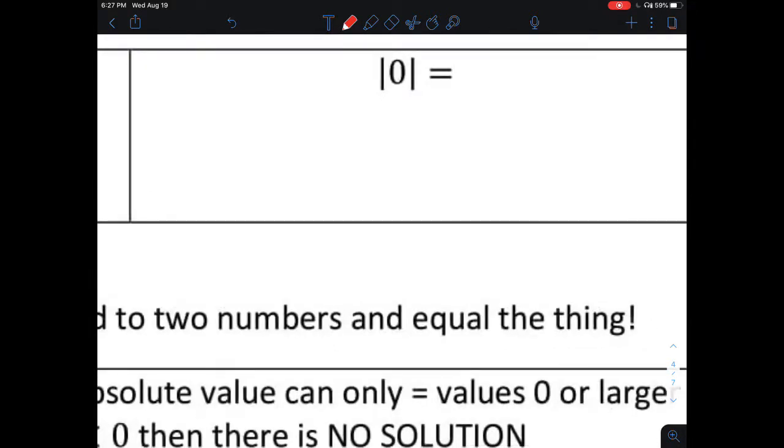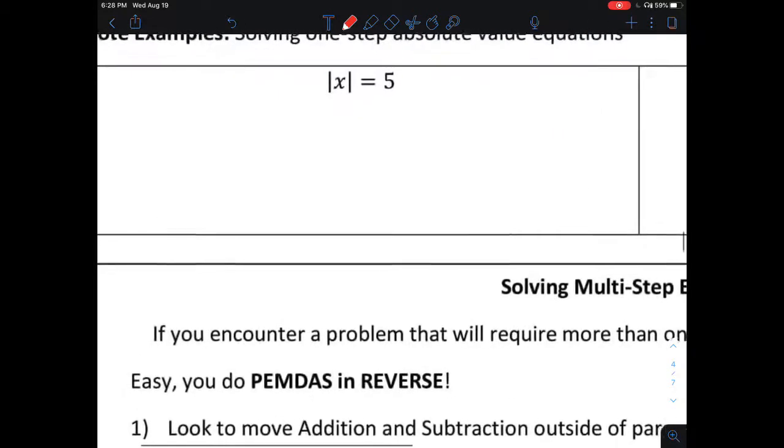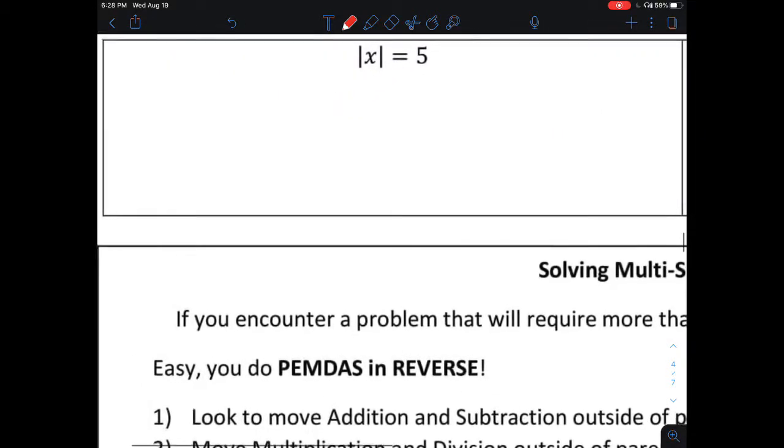Well, the absolute value sign is telling me how far away a number is from 0. Well, 0 is at 0, which means the absolute value of 0 is itself, 0. So a way to think about the absolute value function is it turns all negatives into positives, and all positives will stay the same. Now let's talk about how we would solve some one-step equations involving the absolute value.